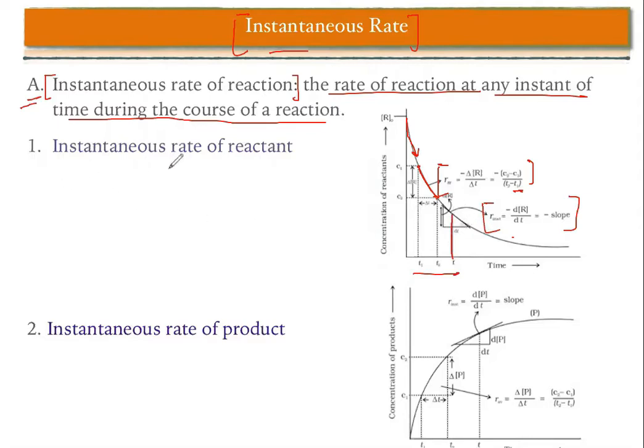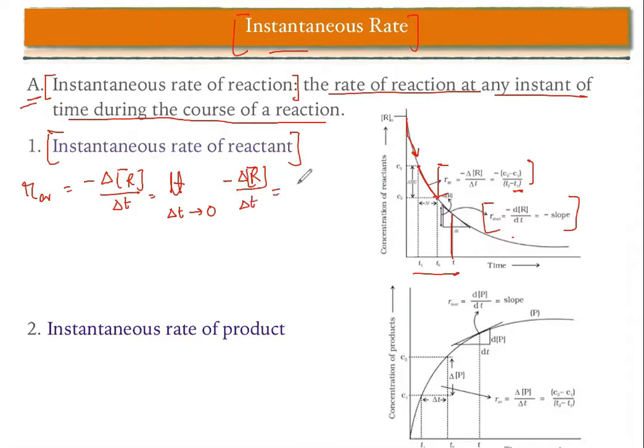So we can see the instantaneous rate of the reactant. As we know, the average rate can be represented as minus delta R divided by delta t, right? If we apply the limit, that is the limit delta t tends to 0, we get minus dR upon dt.